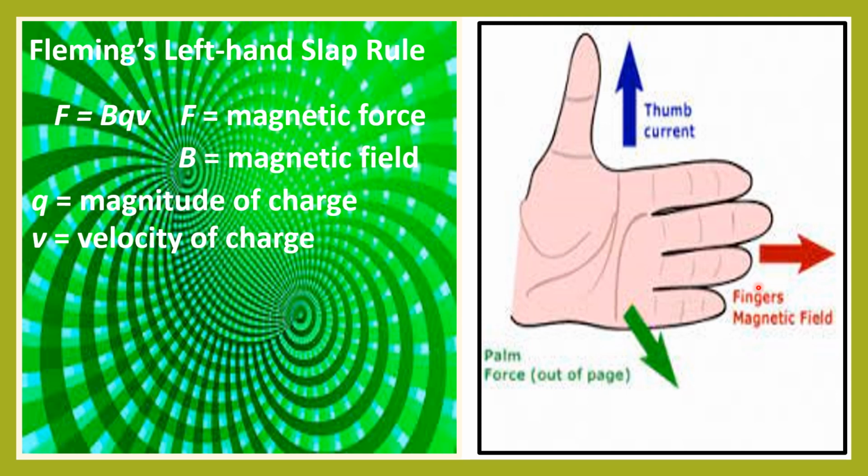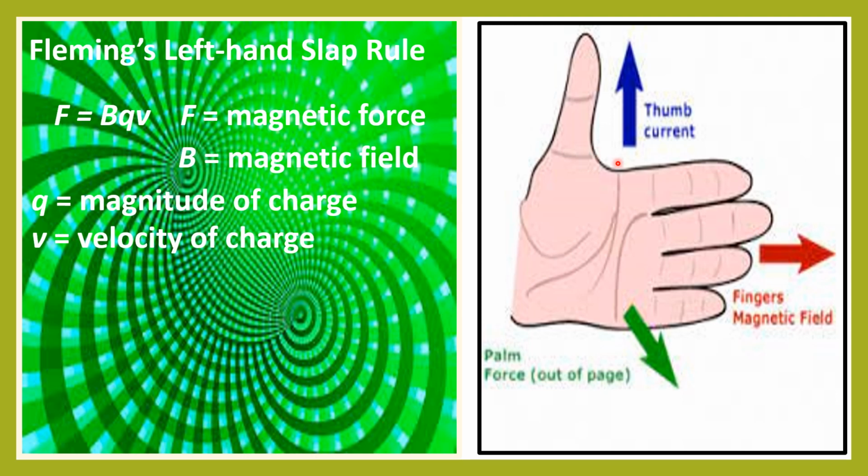Alright, so according to this left-hand slap rule, you're going to position your left hand by having your thumb at an angle that is 90 degrees with the other fingers. So the four fingers are extended as well as the thumb.